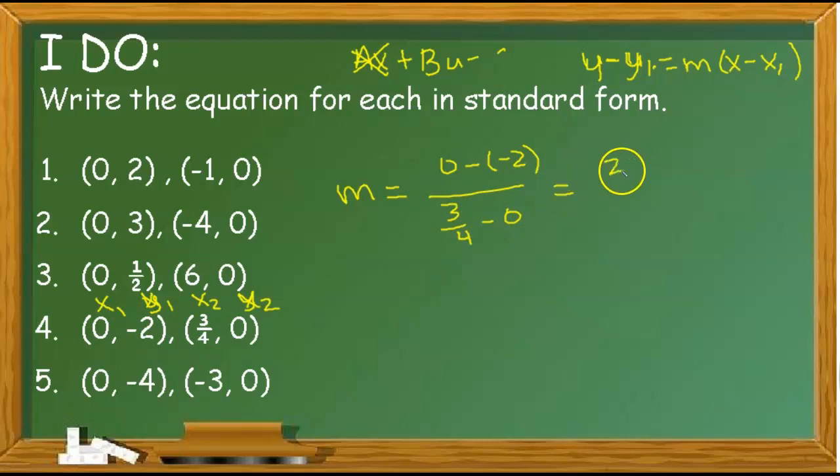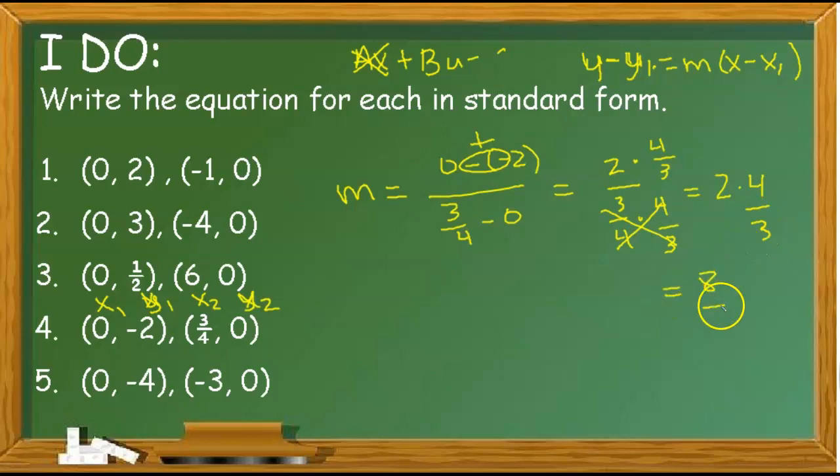Again, this is going to give me 2, because the double negatives make it positive, over 3/4. The easiest way to remember how to do this is called a complex fraction, is you always just multiply by the reciprocal to top and bottom. So this will cancel. This is left with 2 times 4/3. Okay, so in this case, 8/3 would be my slope.